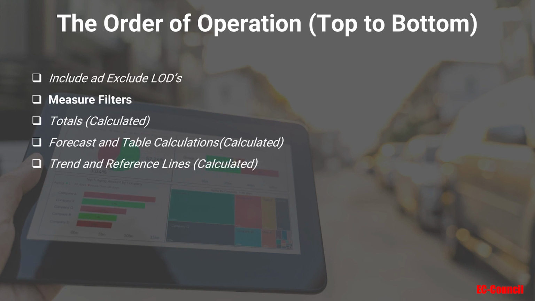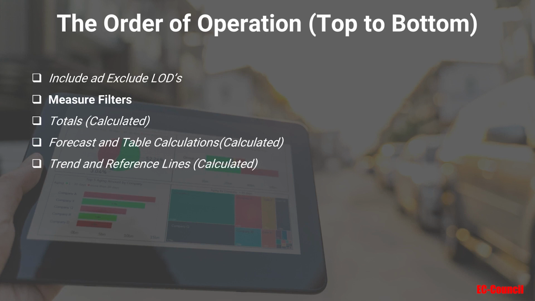Thus, by reducing the data at the initial stage, the context filter improves the overall performance of your workbook. But remember that a context filter is generally not to be used often if it's not supporting the requirements and is not even reducing the data by many folds. In this case, prefer using a normal quick filter.